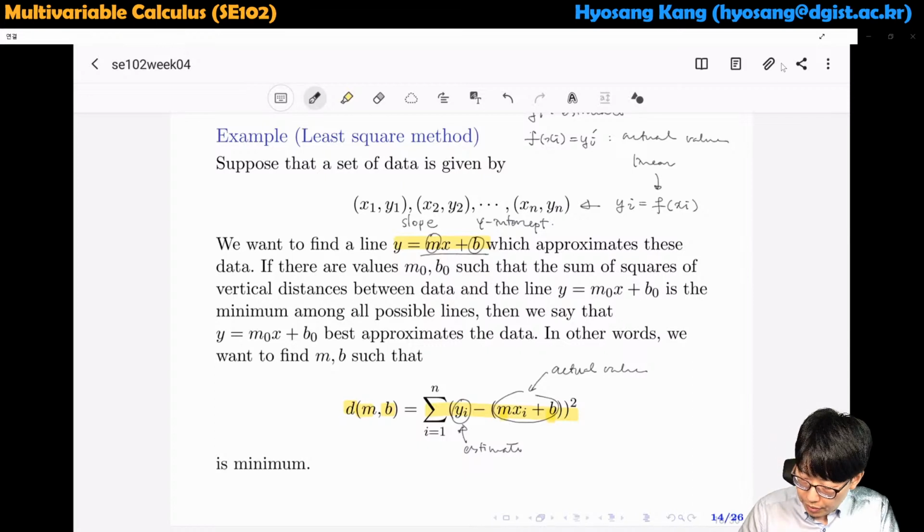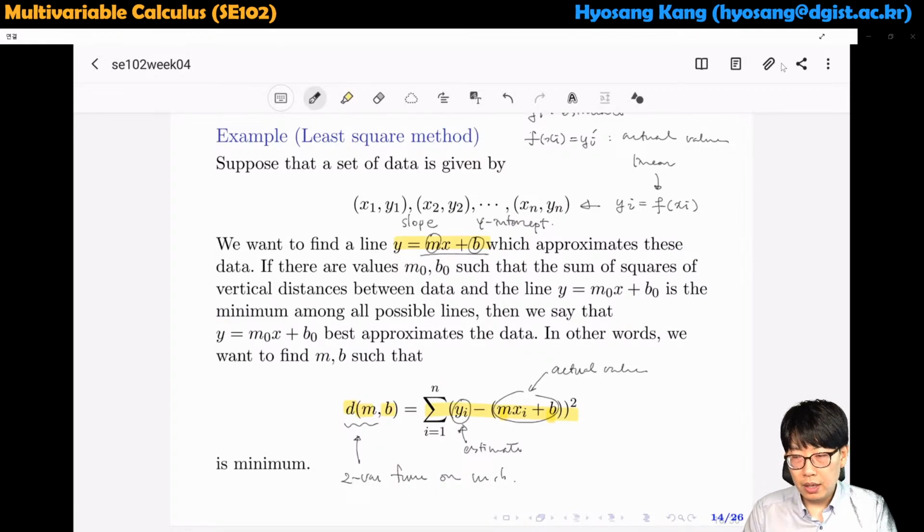So more simply, this is just a two-variable function of m and b. Forget about all the formula. Just think about the Hessian again, the second derivative test. In order to find a local minimum or local maximum, first you need to find a critical point, and then compare the discriminant and the second derivatives.